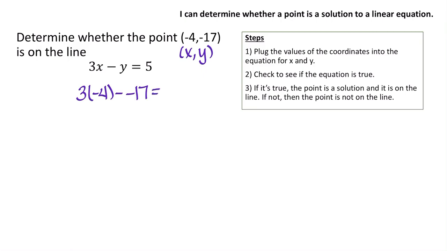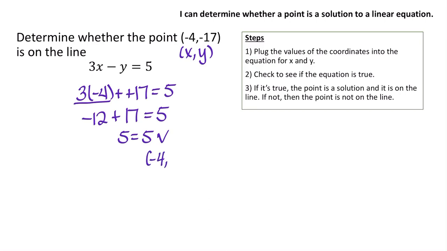We're checking if that equals 5. 3 times -4 is -12. Then I have minus -17, but remember that a minus negative will turn into a plus. So I'm checking whether -12 + 17 = 5. -12 + 17 does equal 5, so I get a true statement. That means that (-4, -17) is on the line.